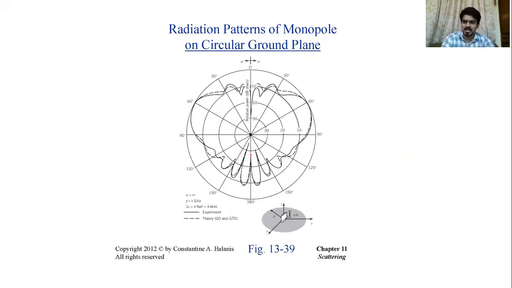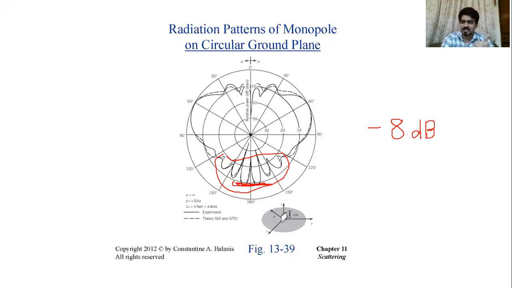And when we do that, you can see that now your lobes on the back side of your ground plane are now around minus 8 dB. The level of this back lobe is somewhere around minus 8 dB.